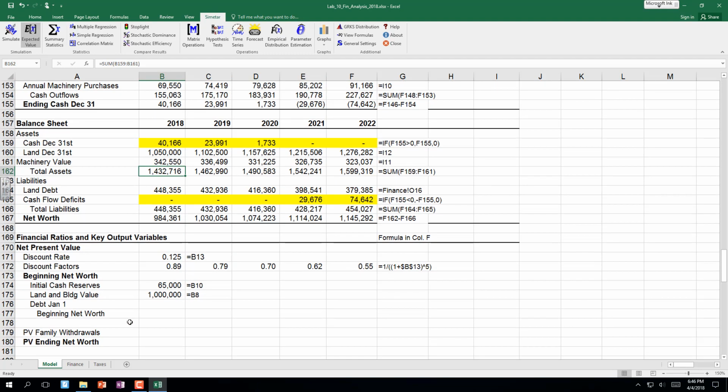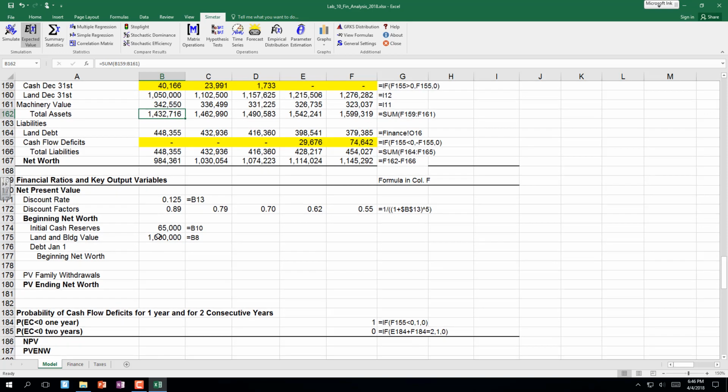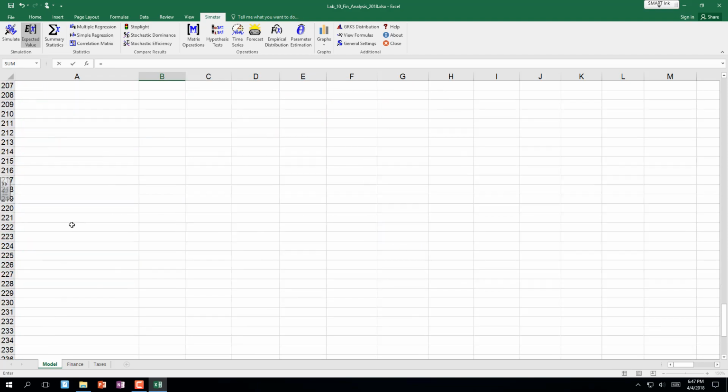What else do we need to do with this model? Well, we need to calculate beginning net worth. We have beginning cash. We had land and buildings at $1 million. And we need to move these two down just one row. We have machinery now, and that was equal to that $300,000.